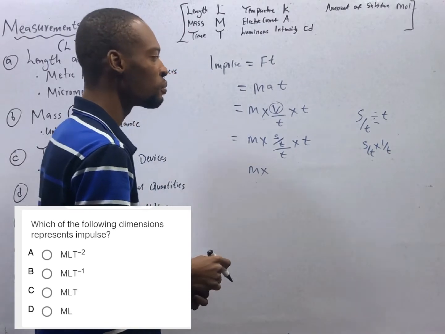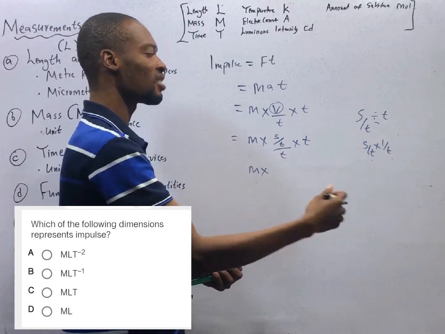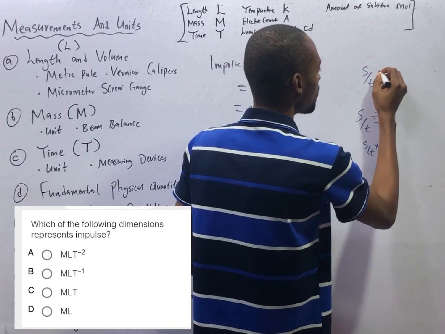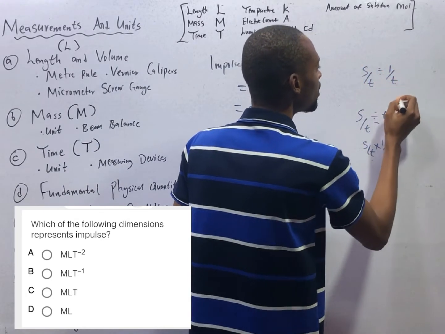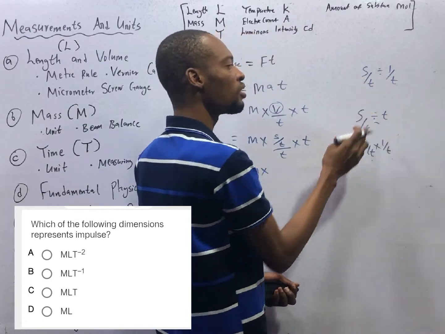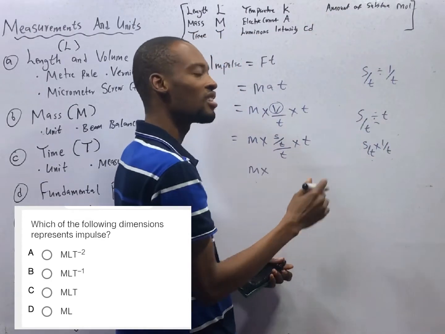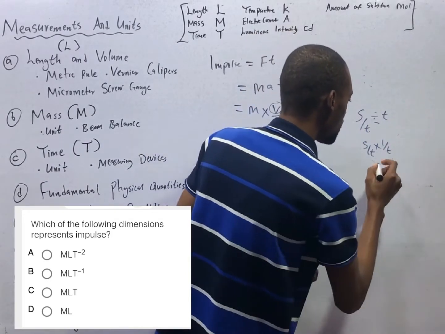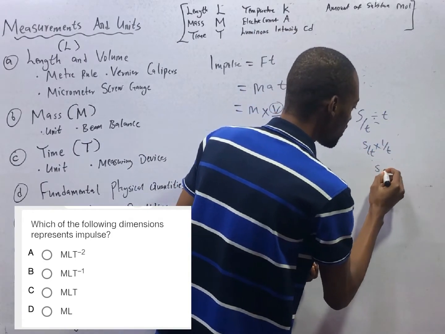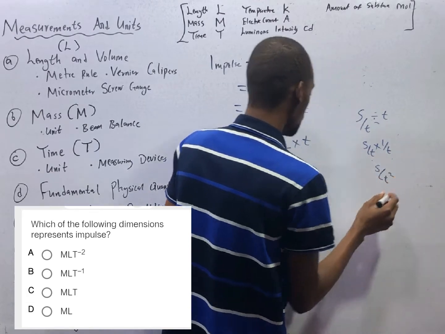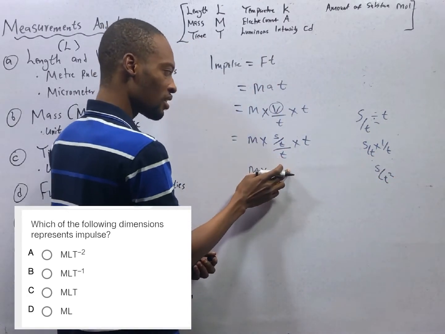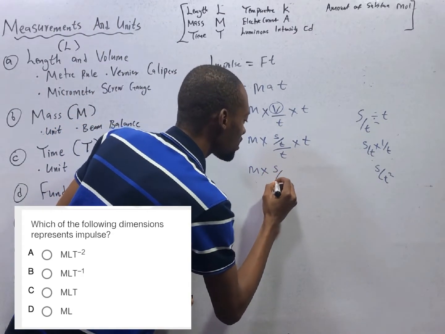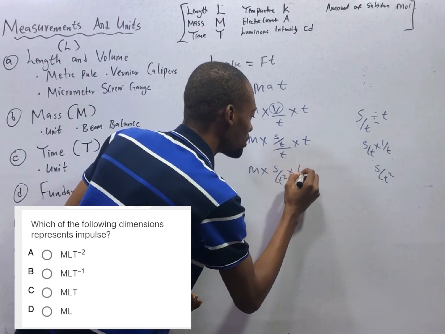When you change division to multiplication, what is in the other part will invert, which means if I say s over t divided by 1 over t, if you change this to multiplication, it will be s over t times t over 1. So this is s times 1 is s, t times t is t squared. This is s over t squared. So s, that is distance over time squared times time.